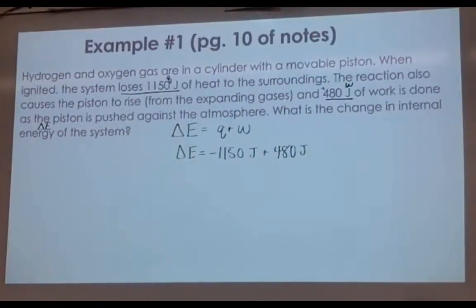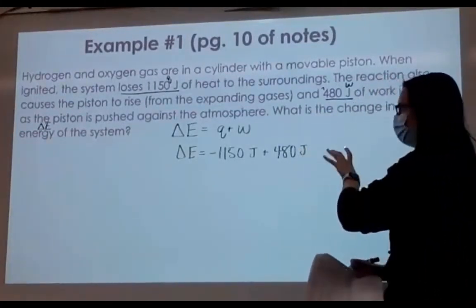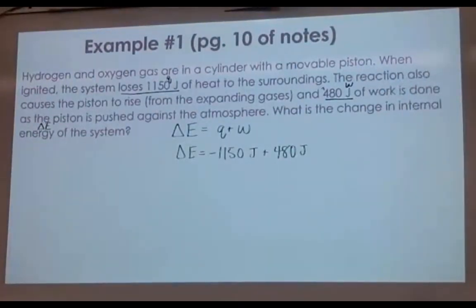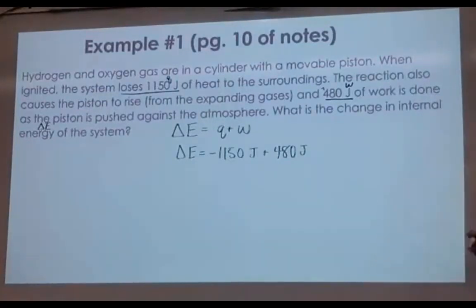So this is using the idea that we have to think about what is the sign for Q, what is the sign for W. The only thing you really have to ever do with work is just know what the sign is based on is work being done on the system, or is it being done by the system? If it's being done on the system, it's gaining energy through work, it's going to be positive.